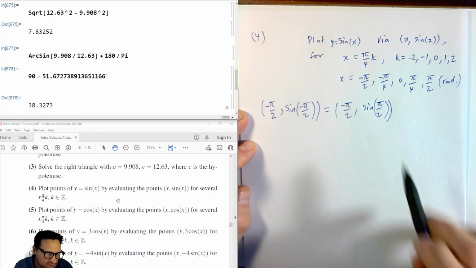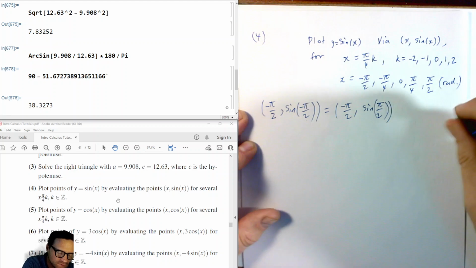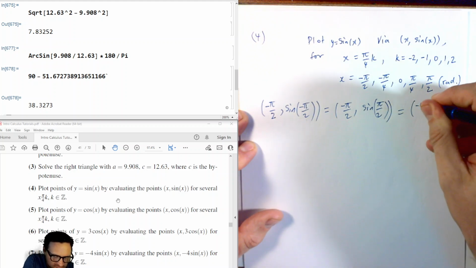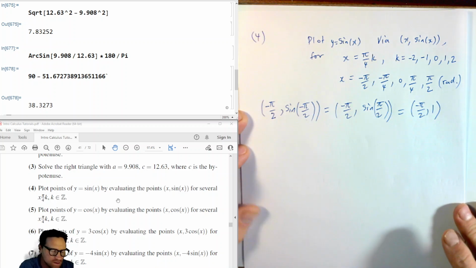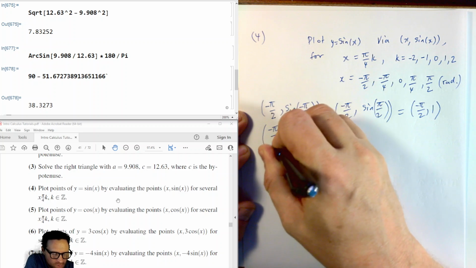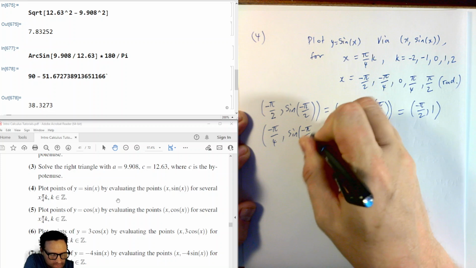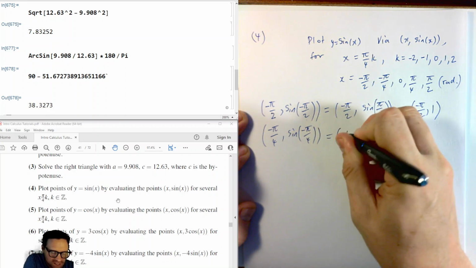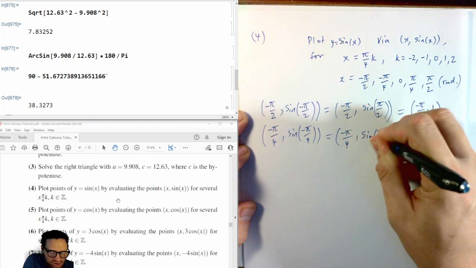Now sine of 90 degrees is 1, isn't it? All right. So this is minus pi on 2, 1. Okay, and then next we've got minus pi on 4, sine of minus pi on 4 equals minus pi on 4, sine of plus pi on 4.